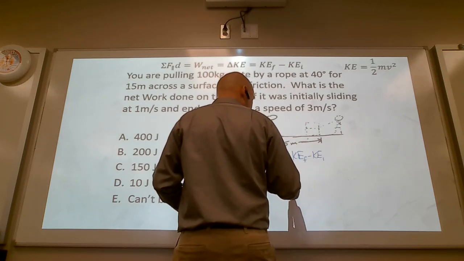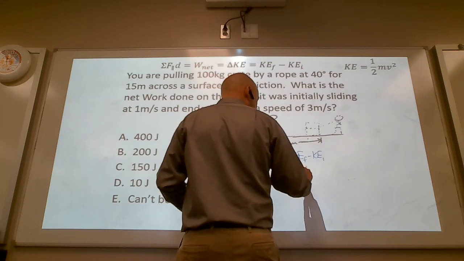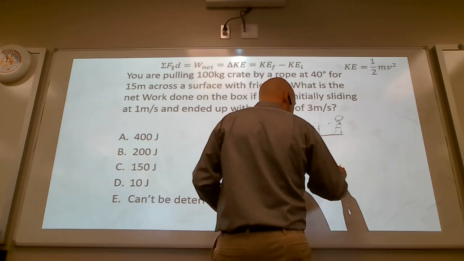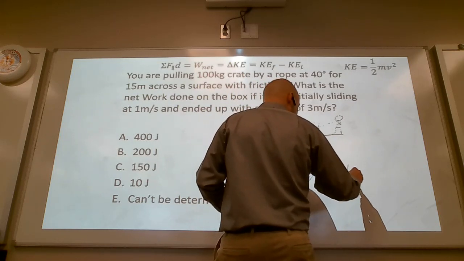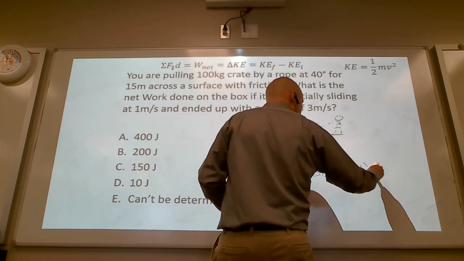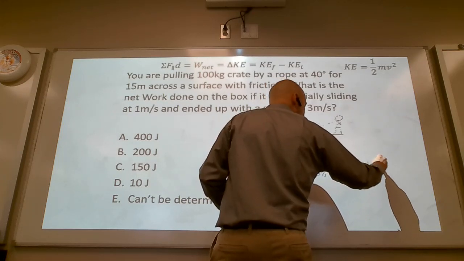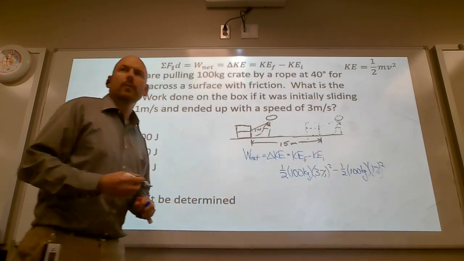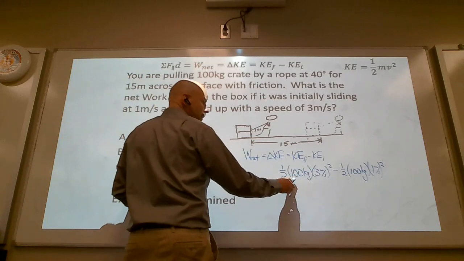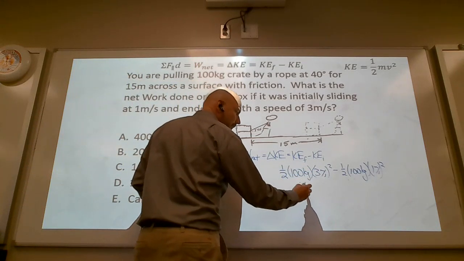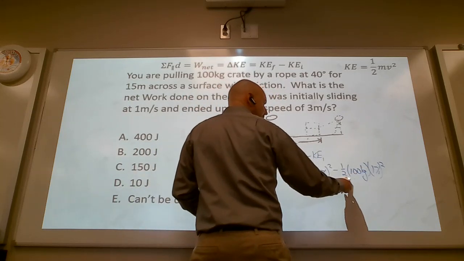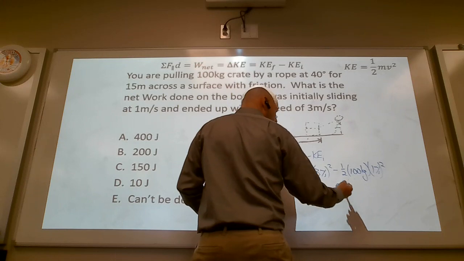Okay, so you have 1/2 times 100 kilograms times 3 meters per second squared minus 1/2 times 100 kilograms times 1 meter per second squared. So you get 9 times 100 divided by 2, so 450, minus 1 times 100 divided by 2, 50.